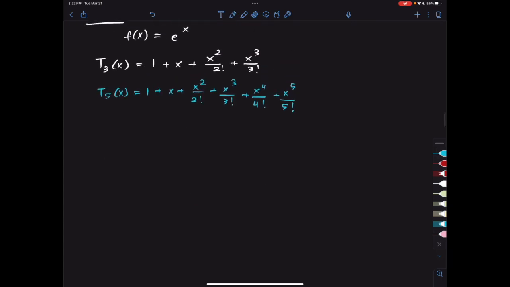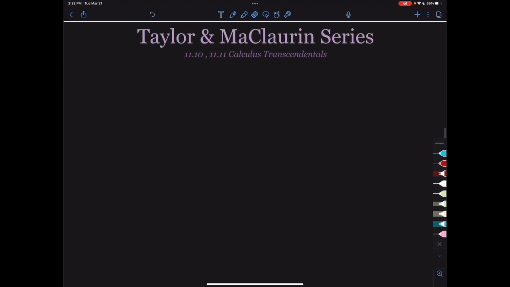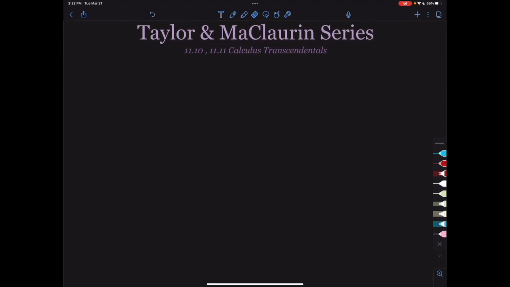All right, well, let's now come up with a more mathematical understanding for this. How would we describe this using mathematical notation? Well, let's try taking the limit of Tn of x as n goes to infinity. Based off of what we just said, this should equal the original function f of x.